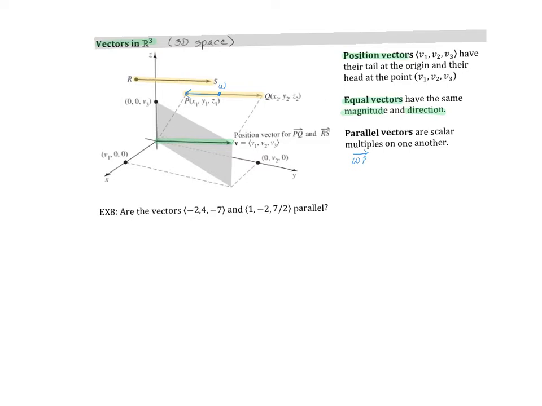Notice that they're not going in the same direction, and they don't even have the same magnitude. But I can put them into the same line. So WP is parallel to PQ. We use those slashed lines to indicate parallel. So parallel vectors are vectors that are scalar multiples of one another.